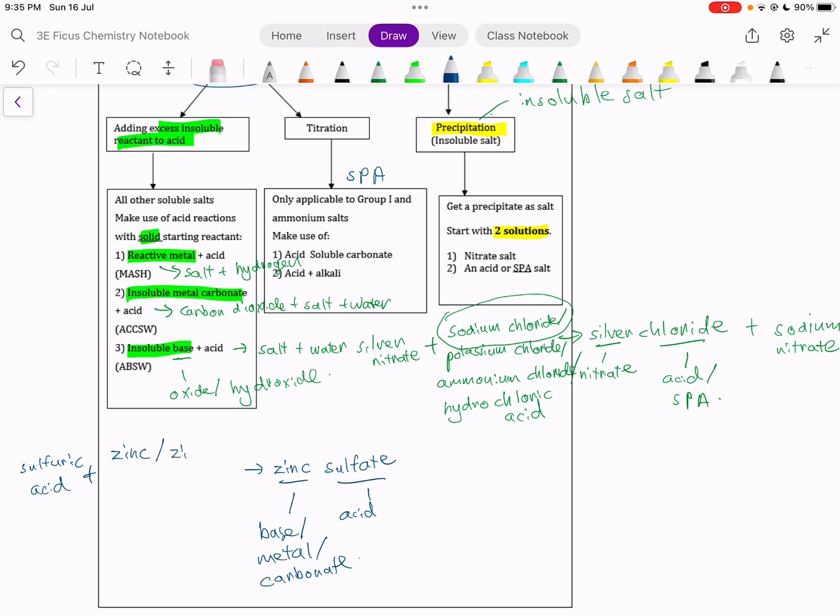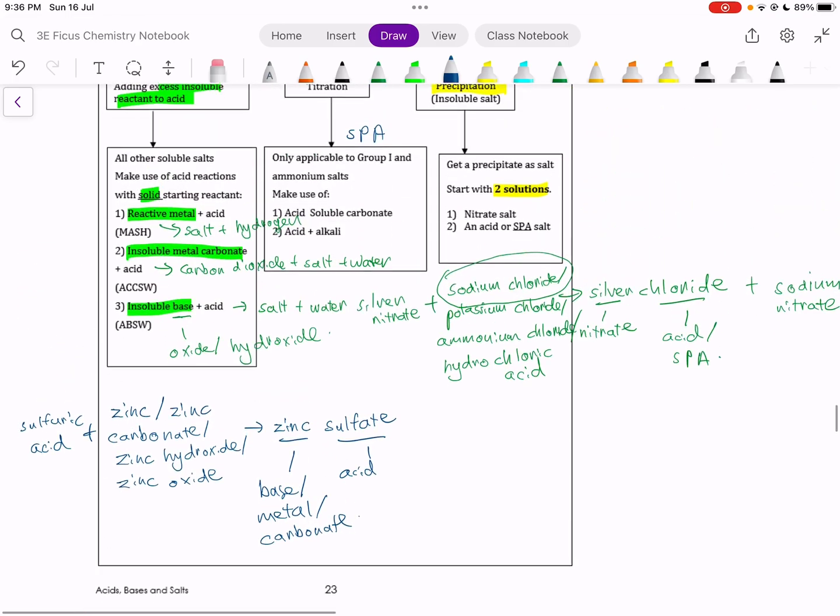Then you can have zinc carbonate, zinc hydroxide, or otherwise zinc oxide. Okay, can. So let's go into the method itself.